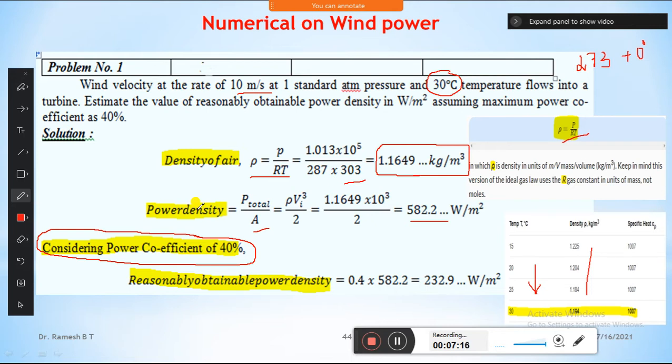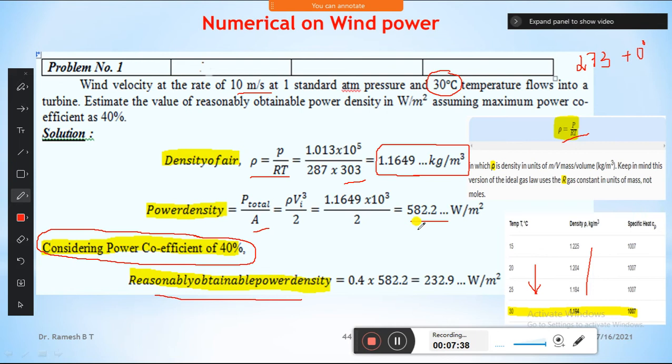That much power we have to expect, but the efficiency of the device is limited to 40%. So from that 40%, what will be the reasonably obtained power density? It is given by the maximum power into efficiency.